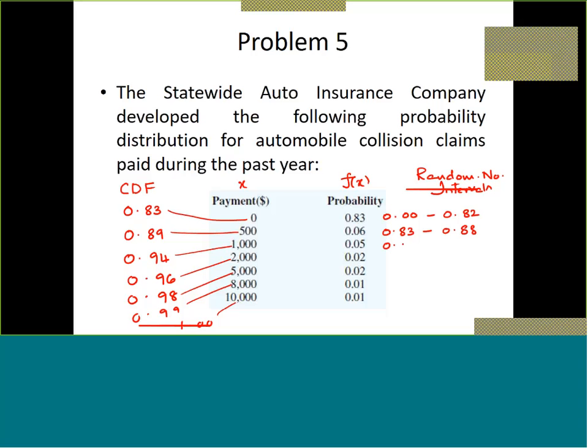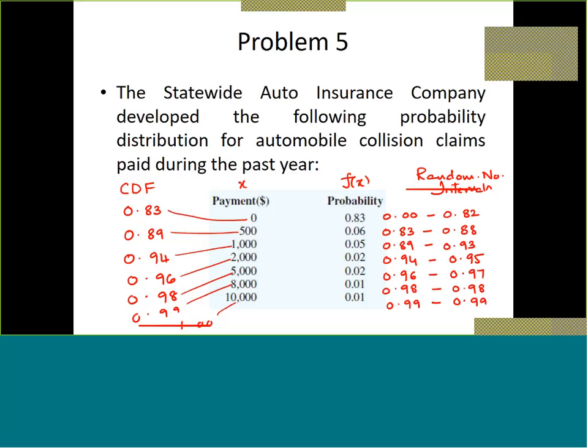Then again we start with 0.83 up to one below 89. Then we start with 89 up to one below 94. Then again we start with 94 up to one below 96, start with 96 up to one below 98, start with 98 up to one below 99, and again we start with 99. So this is the interval we got.